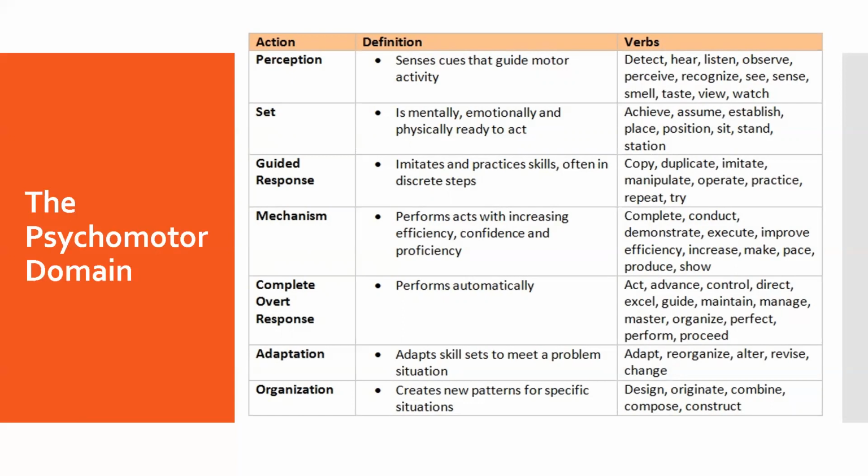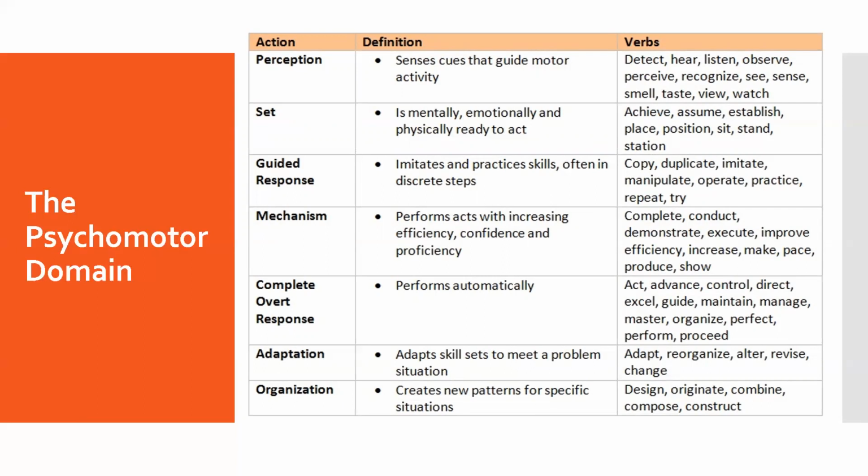In guided response, or the third level, the individual now imitates or practices or tries to follow or imitate the steps in conducting or performing the particular skill or movement. In the fourth level, mechanism, the person now performs the act or the movement with increasing efficiency, confidence, and proficiency.